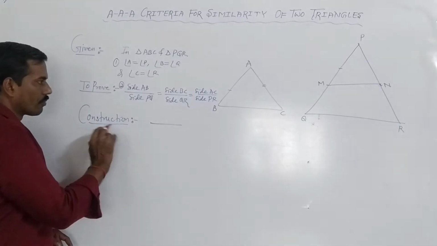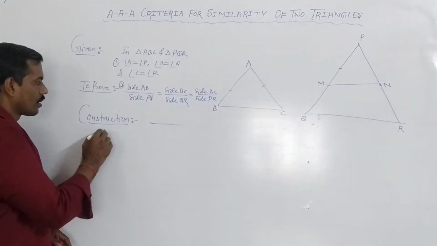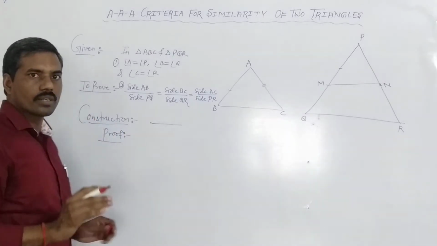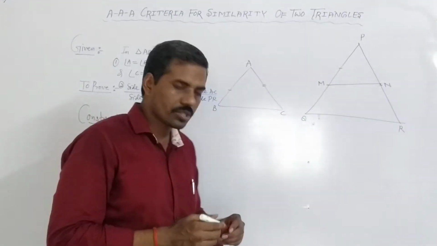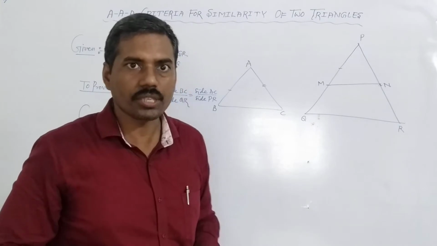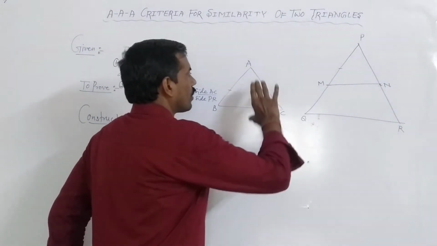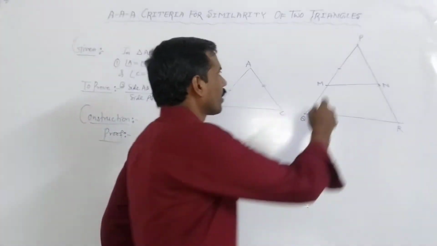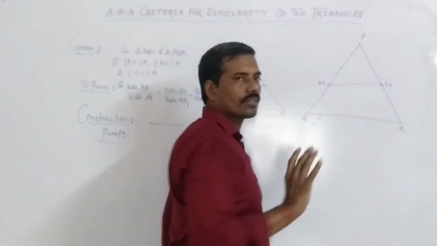Next is proof. In the first step of the proof, we have to prove triangle ABC is congruent with triangle PMN.